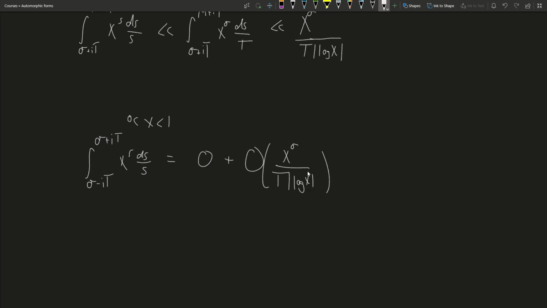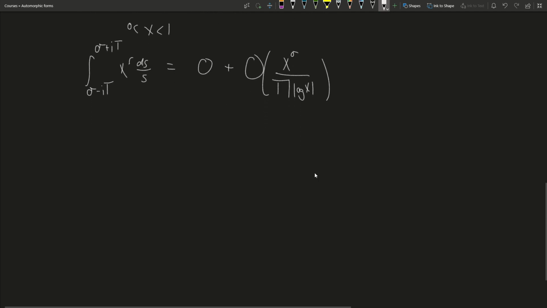Now, if log x is close to 0 here, then actually maybe this is quite big. So here's an alternative way of doing it. Here's your s equals 0, and then you've got your vertical line, and you can take a circle. Let me try and draw a nice circle here.